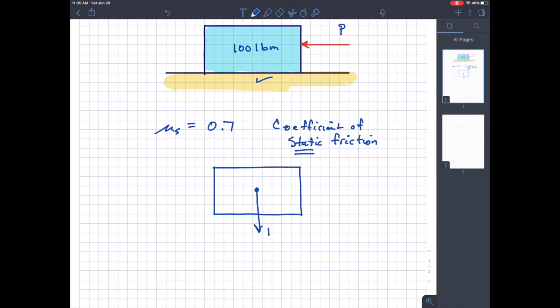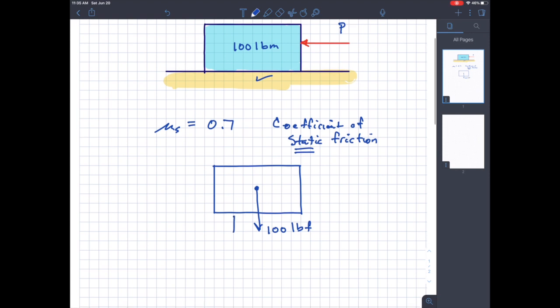Okay, so we know if I convert 100-pound mass to force, I have 100 pounds moving down. I have a normal force opposing the gravitational force. I have this pushing force P, and then I'm going to draw in a friction force. I'll call it Fs. Okay?